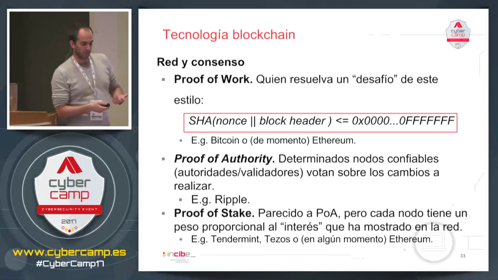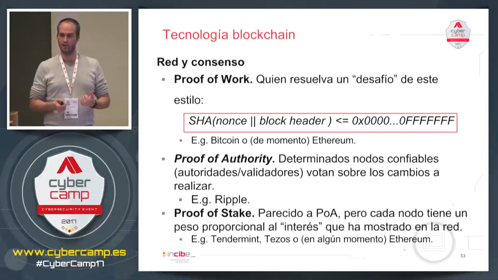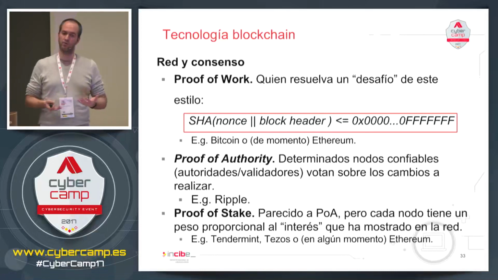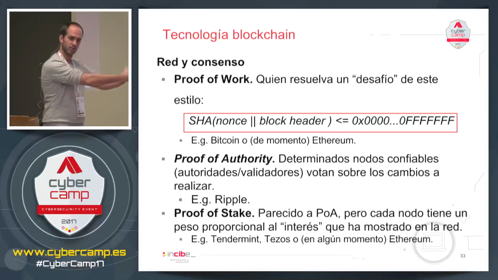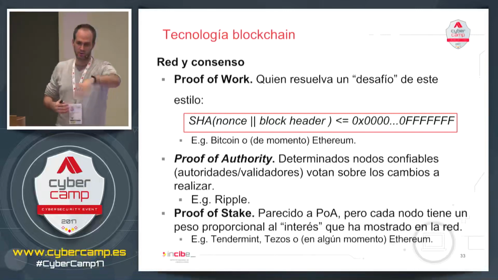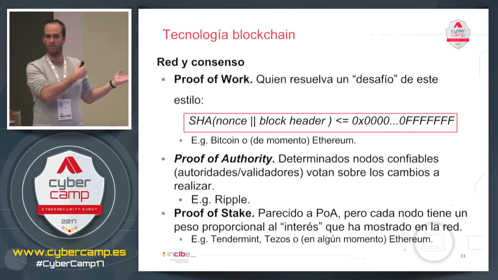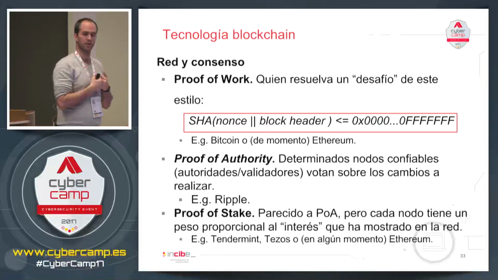Proof of stake. Proof of stake is like proof of authority, but the weight of each vote of each authority is proportional to the interest they put in the network. For example, suppose we're the validating nodes that use proof of stake.